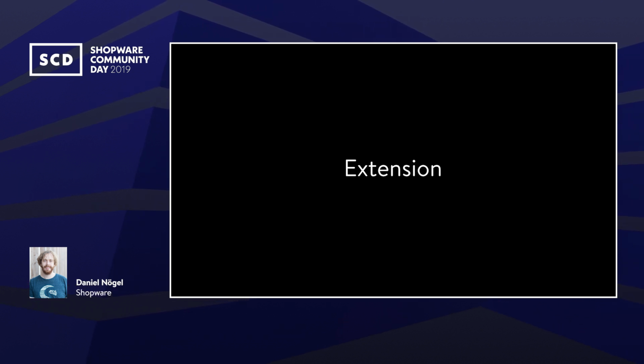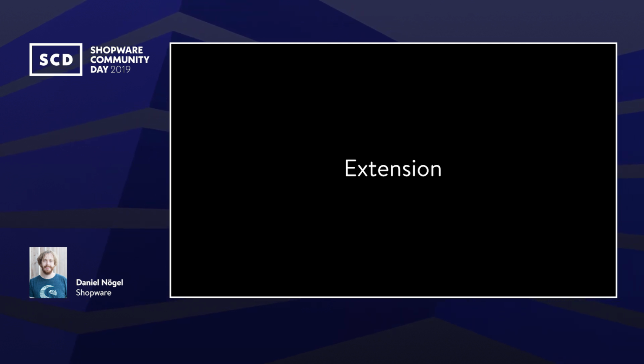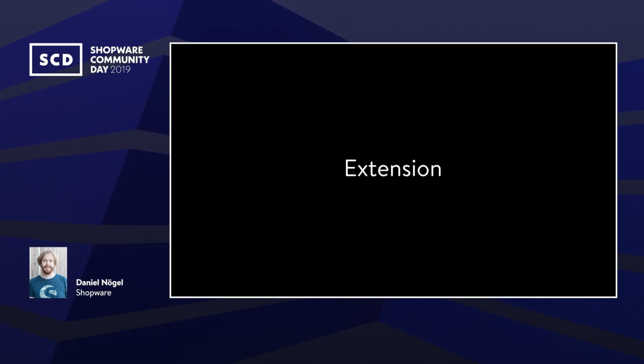And the one typical question every single developer always asks is, which kind of extensions should I use? Should I use events? Should I use hooks? Or should I use decoration? And for that reason, in Shopware, we also thought about how that should look like. And of course, you can still use decorations. It's a container, and everything which is public in the container you can decorate. We won't stop you from doing that.